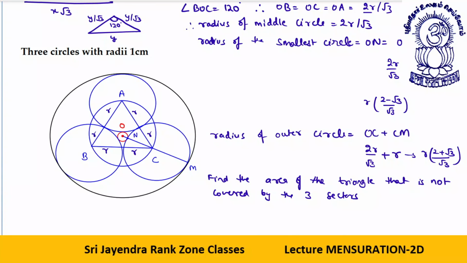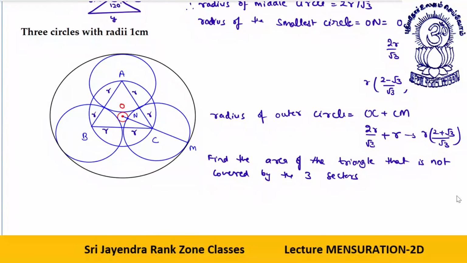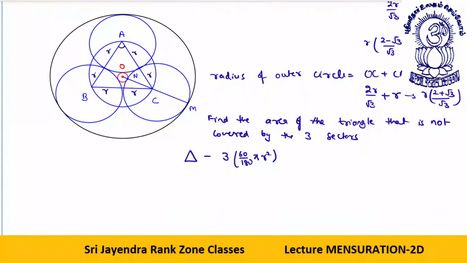Okay, how will you do that? See, that will be done by triangle minus, there are three sectors. Each of the sector is 60 degree. Three sectors of 60 degree into pi r square. So this is, you have got it, the answer will be root 3 by 4.